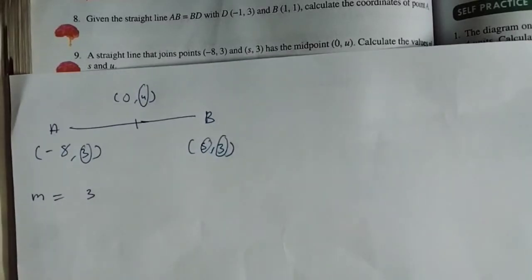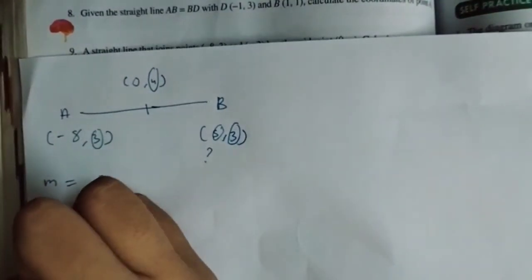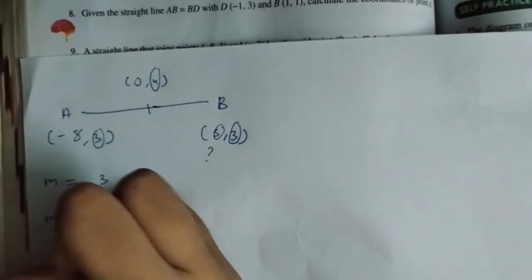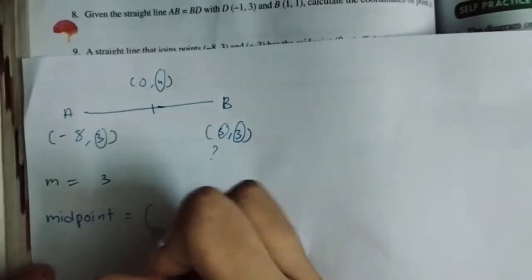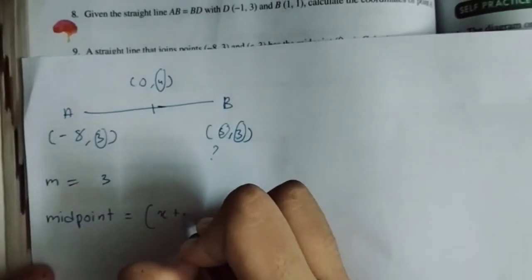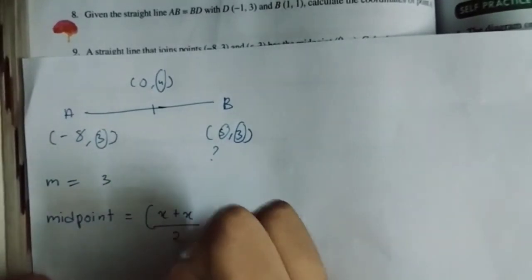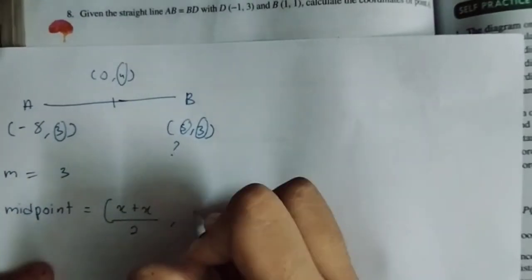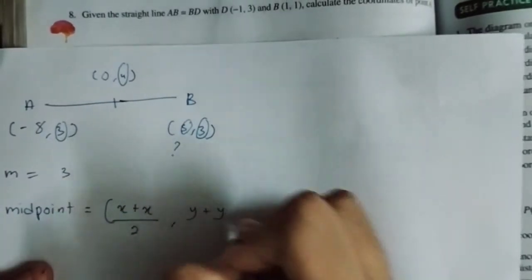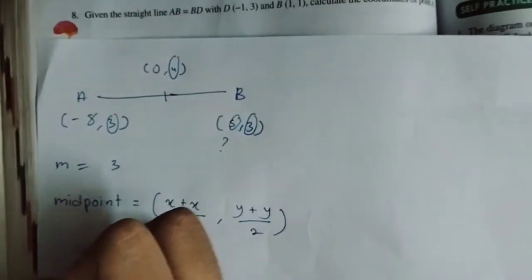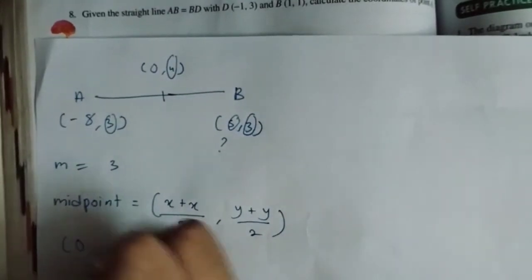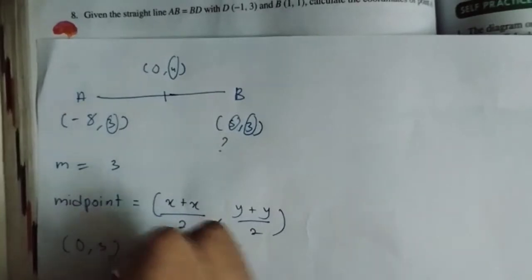Okay, how to find S? So we have to use the midpoint formula. x plus x over 2, y plus y over 2. So the midpoint is 0, 3.